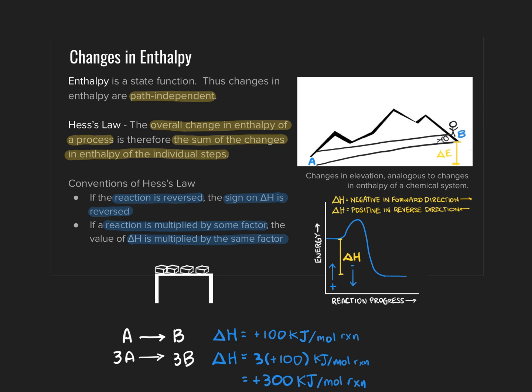That is, 3 times the 100 kilojoules per mole of reaction. So those two conventions are really the key ideas which are going to allow us to apply Hess's law to determine enthalpy changes within chemical systems when direct measurement of the enthalpy change using calorimetry is not feasible. Let's move on to our next slide.